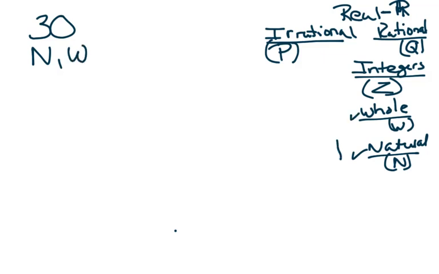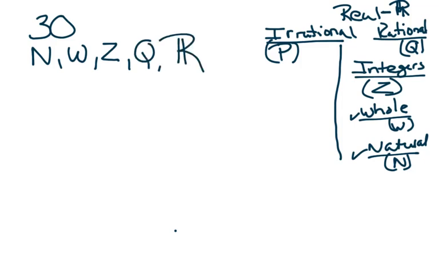And remember I said it's everything above it. So it's going to be integers, rational, and real. Okay? You start with its lowest, what it is, and then everything above it.